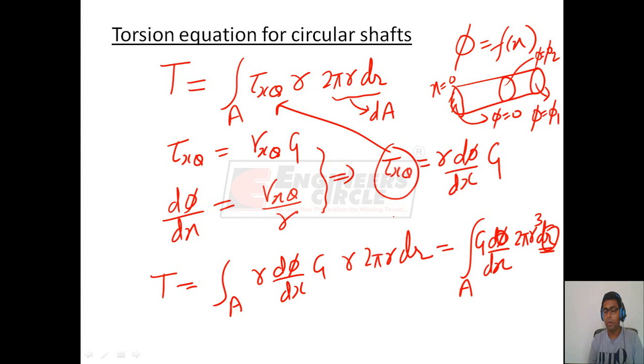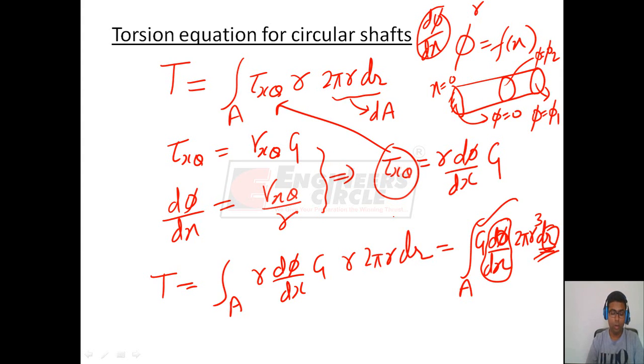Therefore, if phi is not varying with respect to r, then d phi by dx will also not vary with respect to r. Therefore, we can take this d phi by dx out of this integration, because this is constant with respect to r. Assuming the material to be homogeneous, G will also be constant.